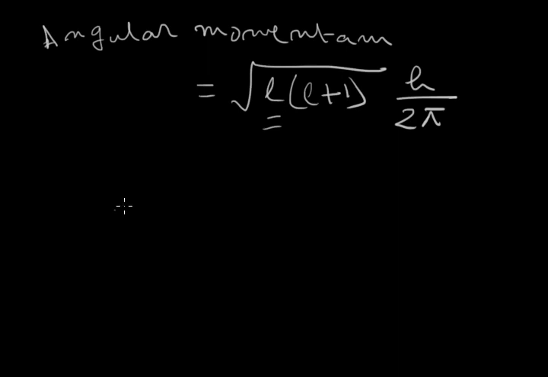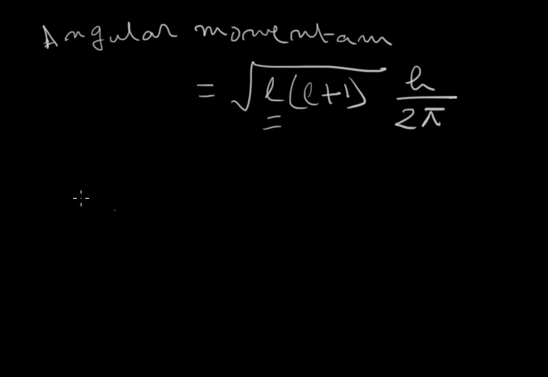Only those orbits are selected where the length of major axis by length of minor axis is equal to n by L plus 1, and this L is called the azimuthal quantum number. Azimuthal quantum number L, when 0, is represented by S. When L is 1, it is represented by P. When L is 2, it is represented by D. And when L is 3, it is represented by F.